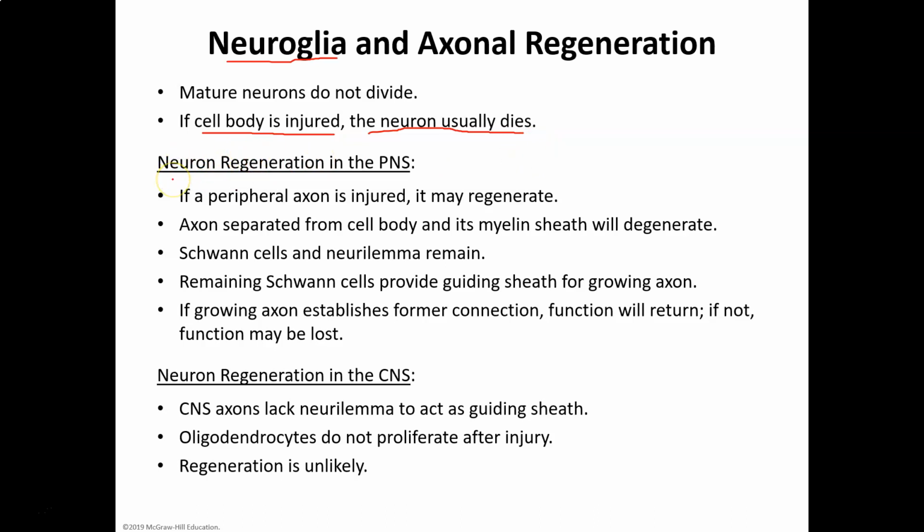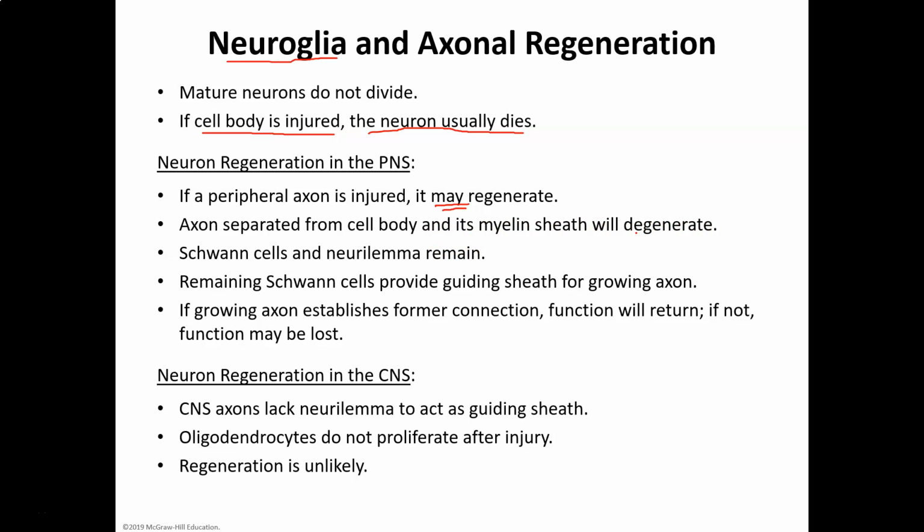So how do neurons regenerate, if they can? In the peripheral nervous system, if a peripheral axon is injured, it may regenerate. If the axon is separated from the cell body, its myelin sheath will degenerate. There are different kinds of injuries.